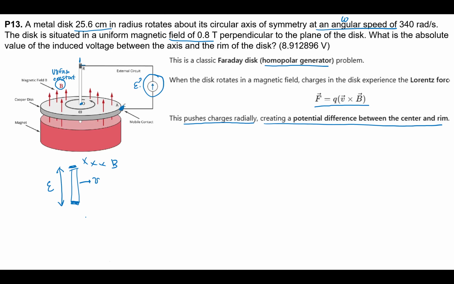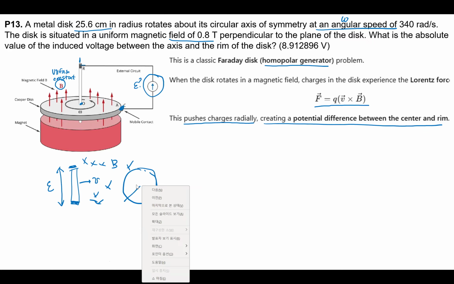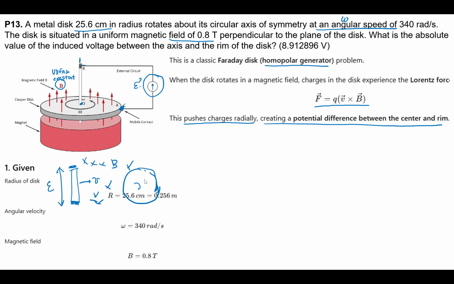Okay, but what is happening in this case is that if you have a constant magnetic field, and then you rotate the conductor, and then you have a charge separation, plus or minus, like that, depending upon your rotation direction.